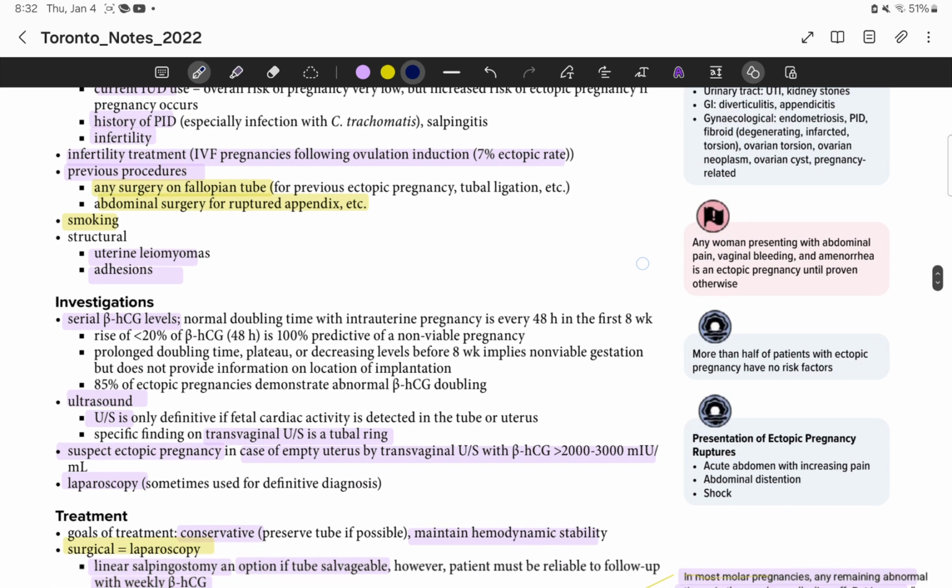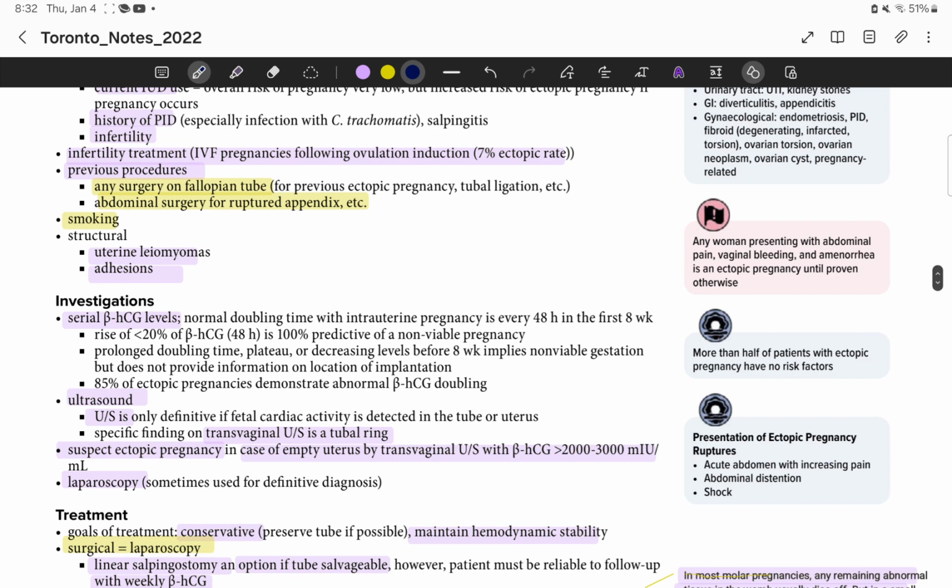So the next is investigation. First of all, serum beta HCG level should be checked, and ultrasound. Mostly transvaginal ultrasound is most diagnostic for this.